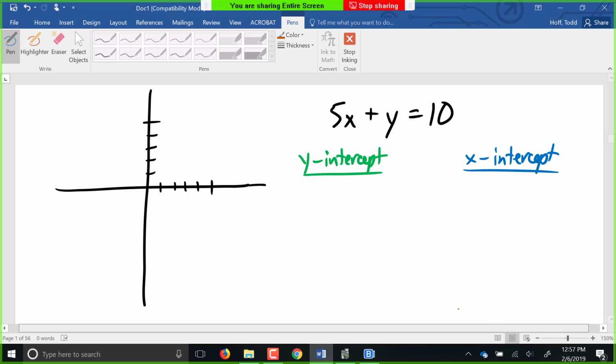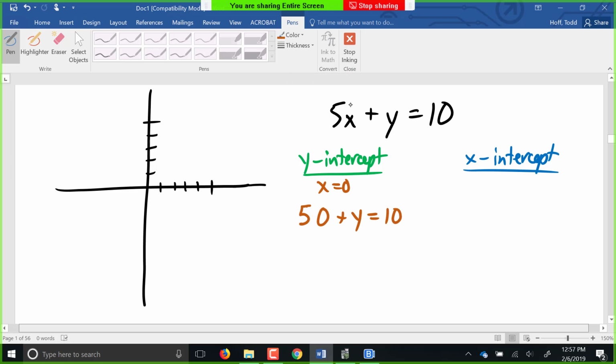So how do we find the y-intercept? Let x equal 0. So that equation will become the whole thing for now. Perfect. 5 times 0 plus y equals 10.